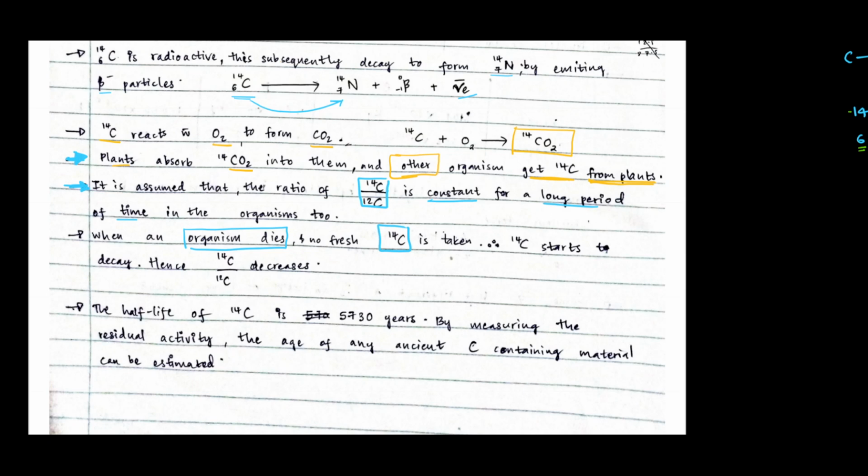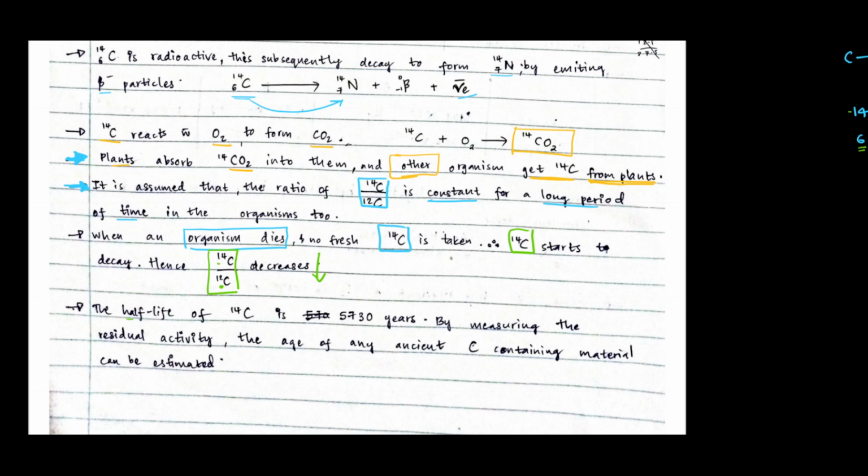Therefore, there is no consumption of C14, so this C14 starts to decay. If C14 starts to decay, the ratio of C14 to C12 in organisms is going to decrease, because C12 is constant, C14 reduces, therefore the ratio reduces.